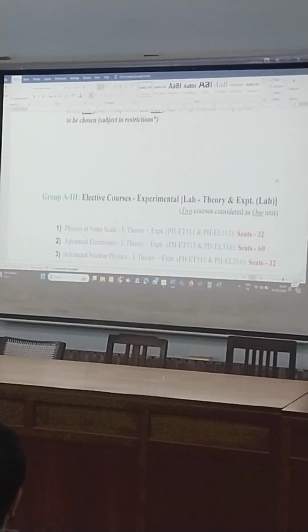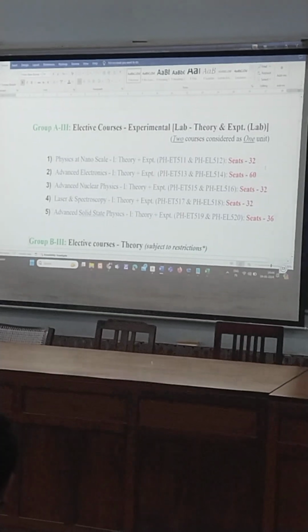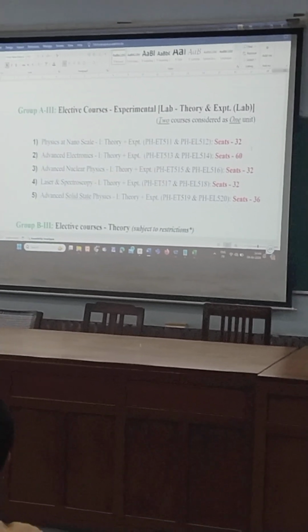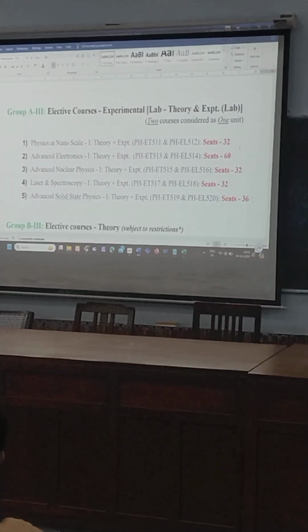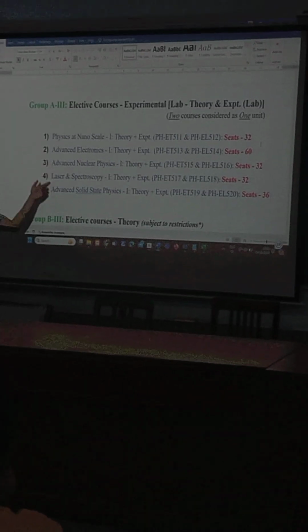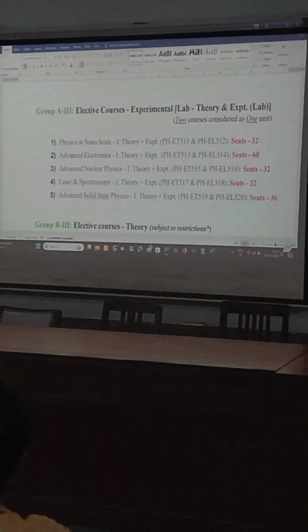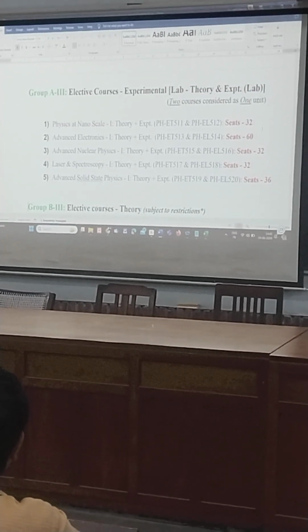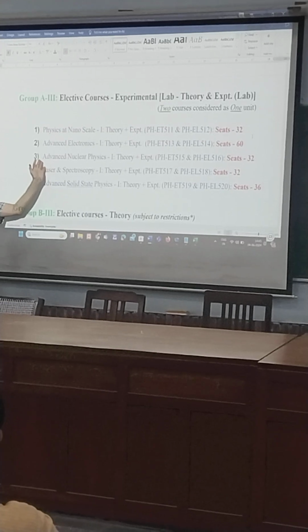Now coming to the different groups, in group A3, 3 stands for the third semester. These elective courses are the experimental modules. When you choose one experimental paper, it comes with one theory and one experimental, so you get the two papers automatically from here.